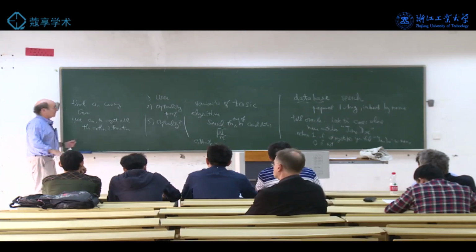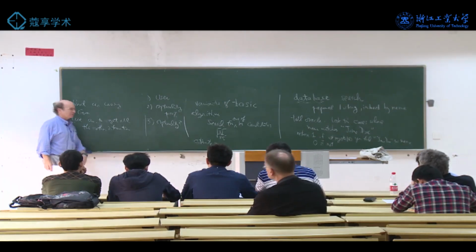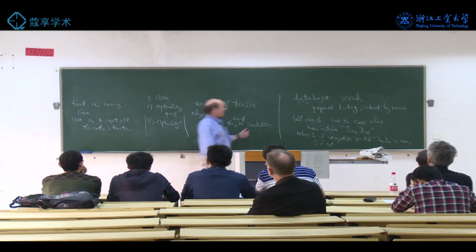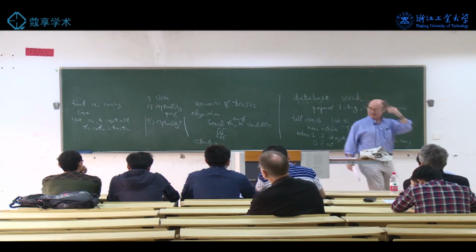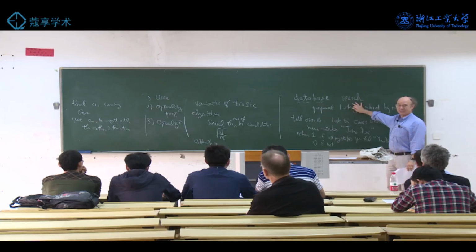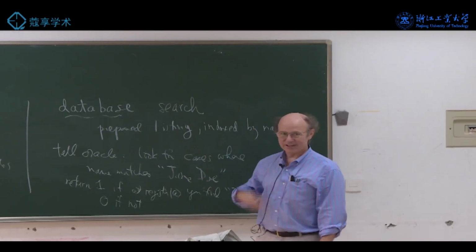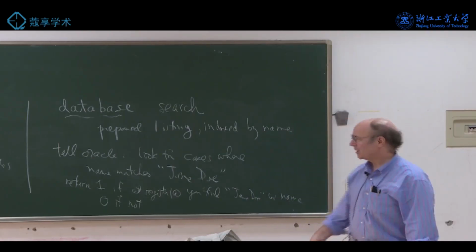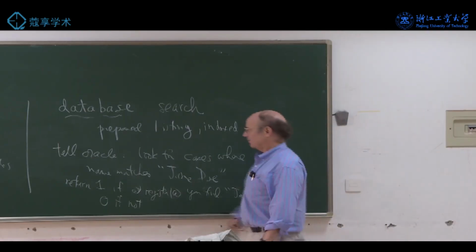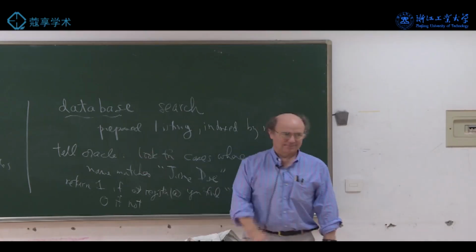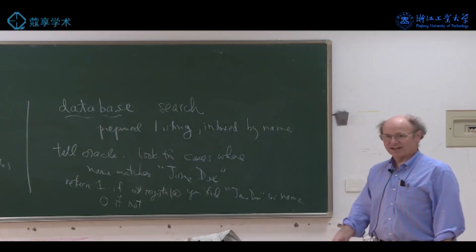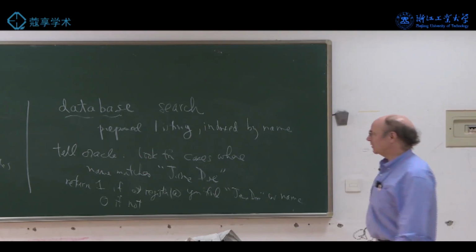Now, this is not a very good use of the Grover algorithm. Why? Because it takes a long, long time to set up this database, much, much longer than it takes to search it. So the limiting difficulty is not searching the database, but setting it up in the first place.